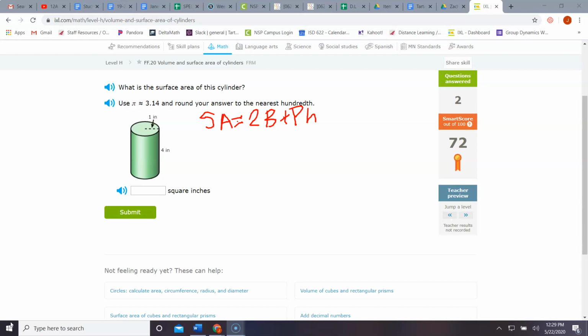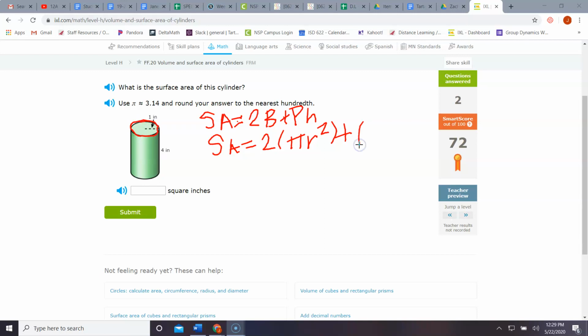So when we're talking about cylinders, the surface area is going to be equal to 2 times the area of our base. To find the area of a circle, that's where we've got pi times r squared, plus perimeter. So perimeter in a circle is what we call circumference.